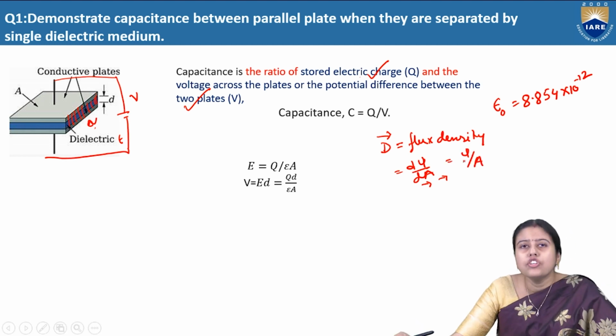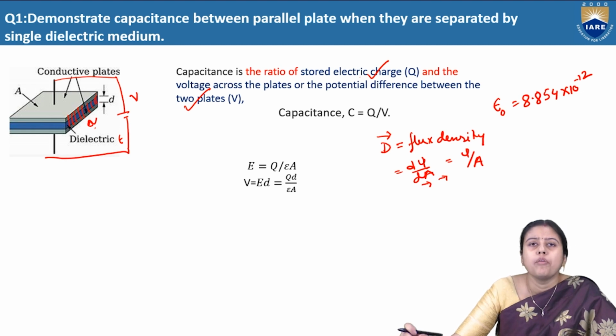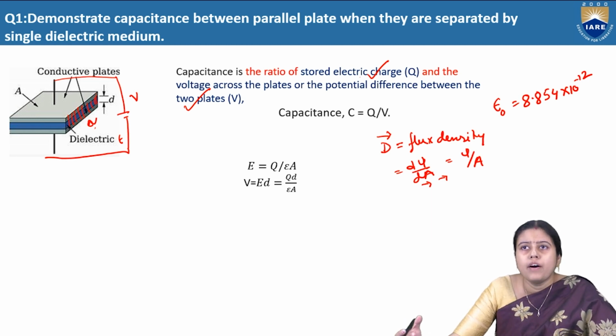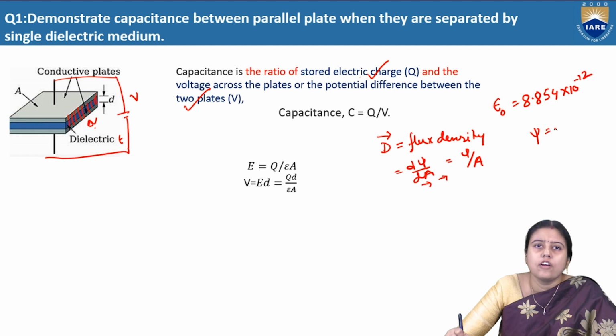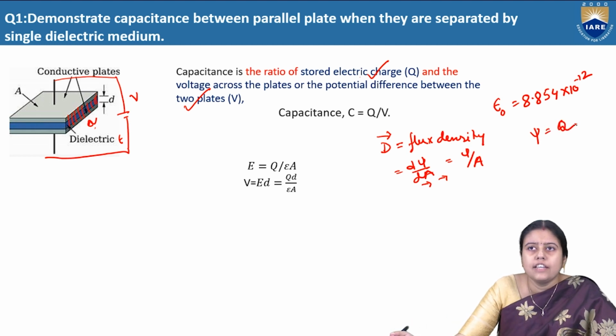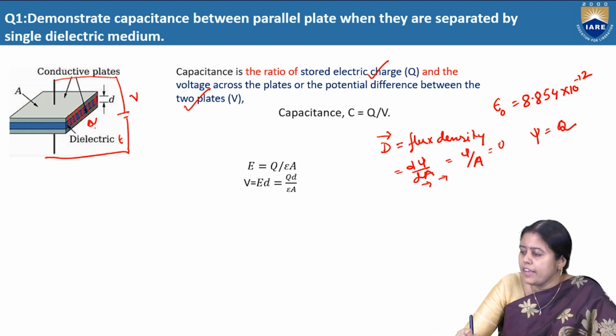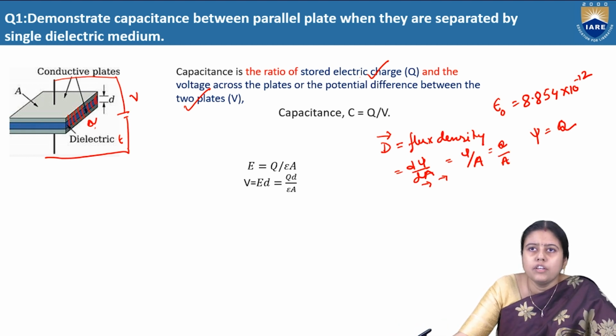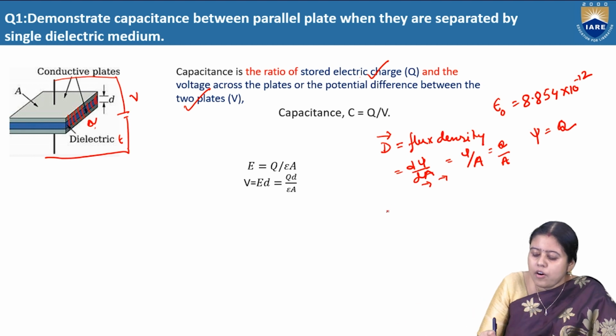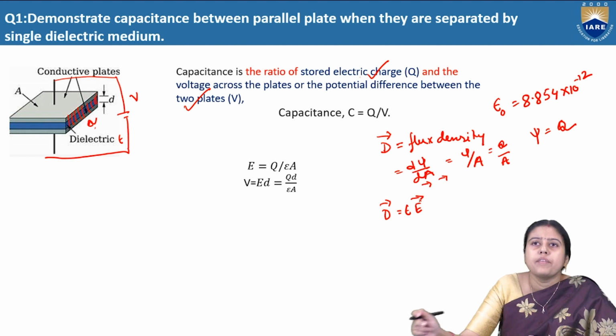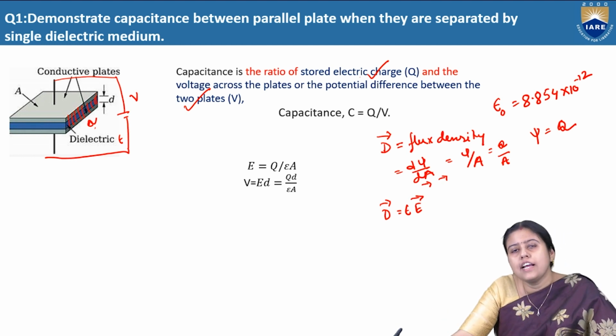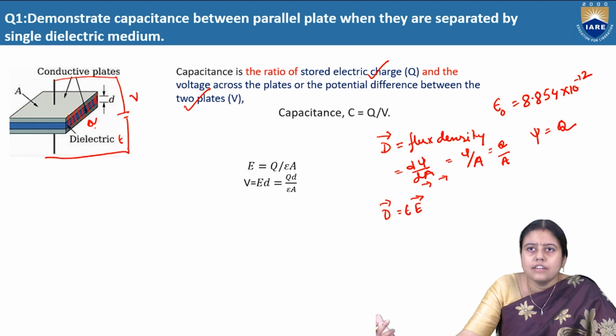Now from Gauss law, we know that the charge enclosed is equal to the number of electric lines of flux. So psi is equal to the charge Q, and D is equal to Q divided by A. We also know D is equal to epsilon into E, from the relation of flux density and E that we discussed in yesterday's class.